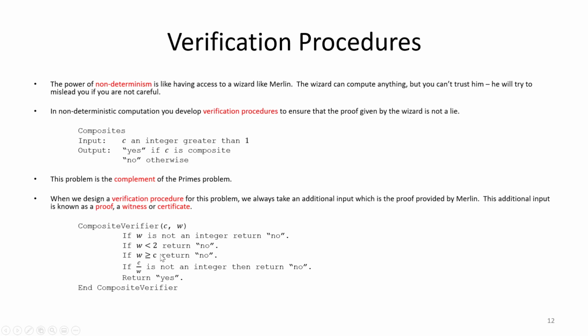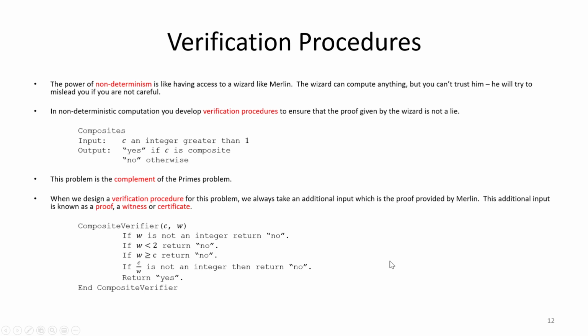A factor is an integer within a specific range that properly divides the number c. So because we've just taken the definition of what a factor is, applied it formally, and made it a test here, that's exactly what our verifier does.